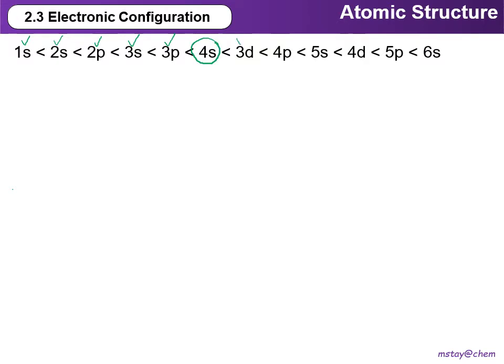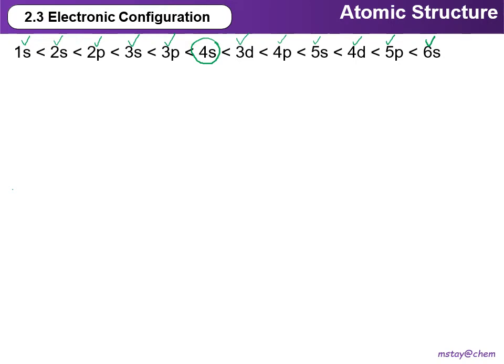After 3d is 4p, 5s, and then 4d, 5p, 6s. This means that we do not fill up all the orbitals in n equal to 1, then only fill up n equal to 2 and 3 and 4 and so on. So we have to follow the Aufbau principle using the Rennin pattern.